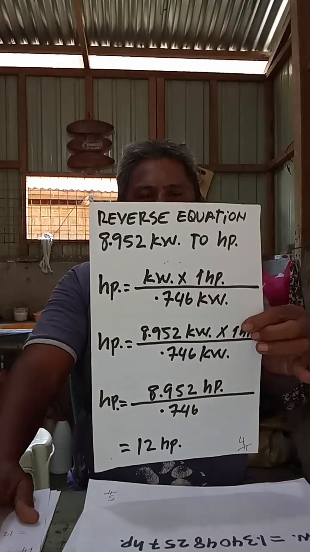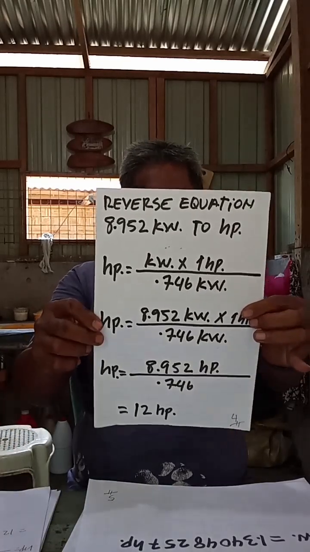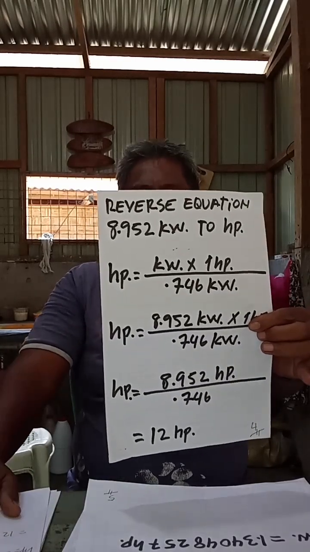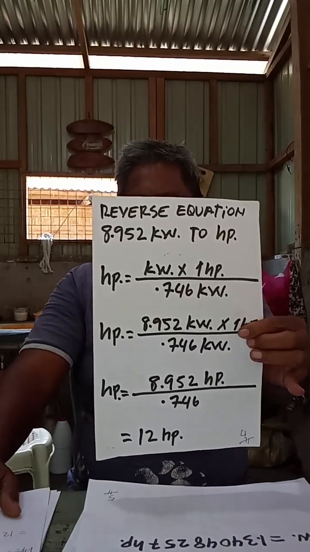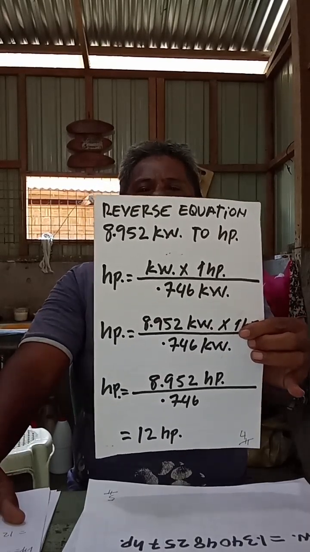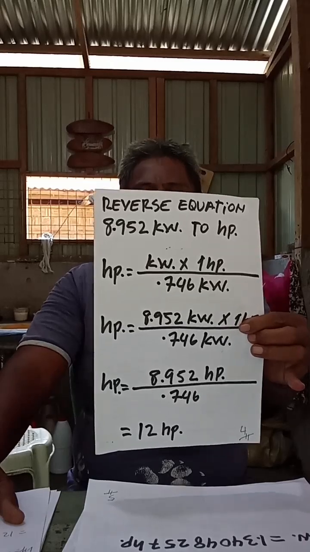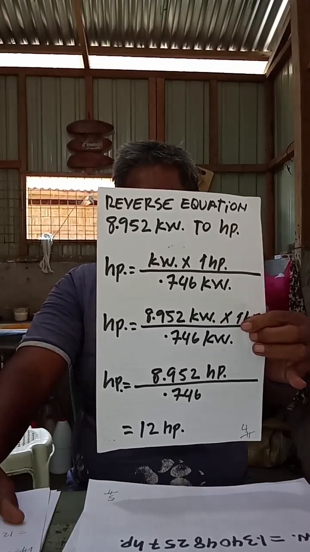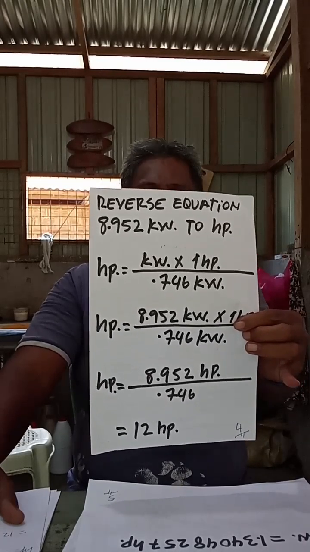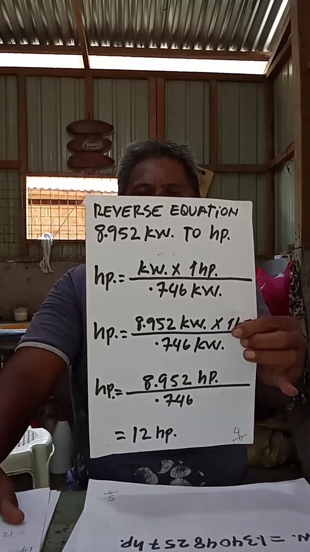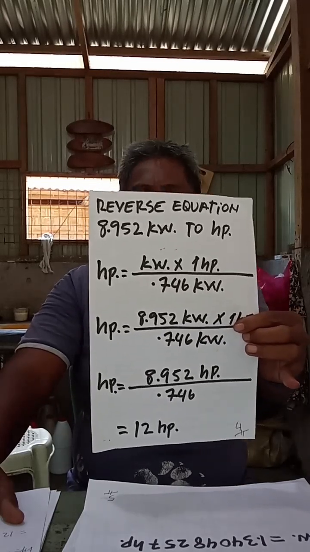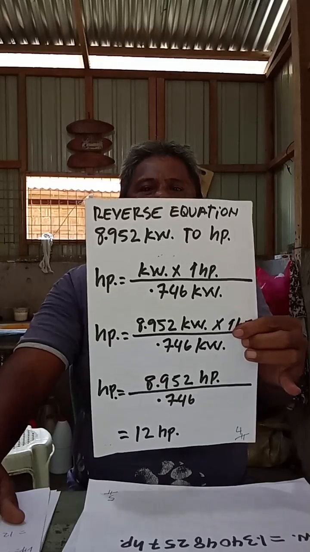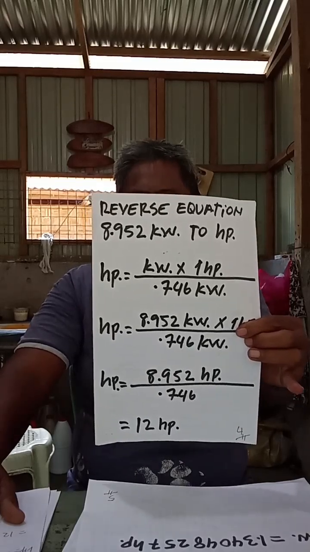8.952 kilowatts convert to horsepower. To find horsepower is kilowatt times 1 horsepower over 0.746 kilowatt. So, baba, 8.952 kilowatts times 1 horsepower over 0.746 kilowatt.